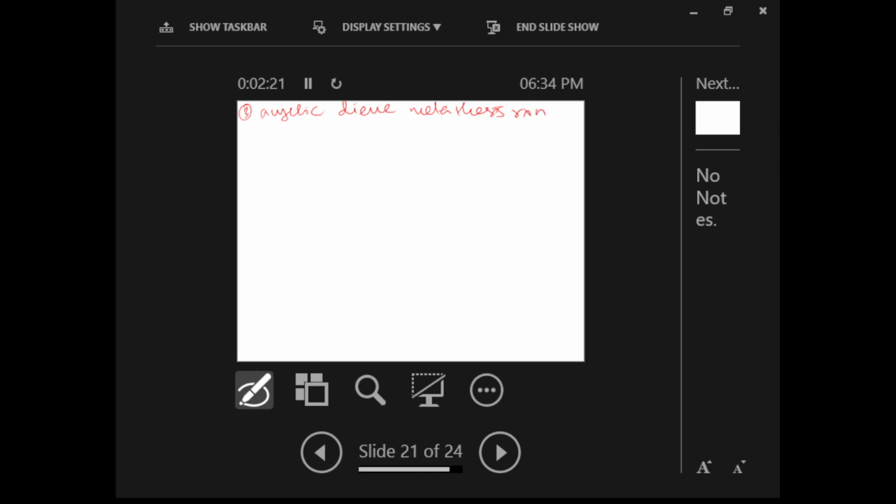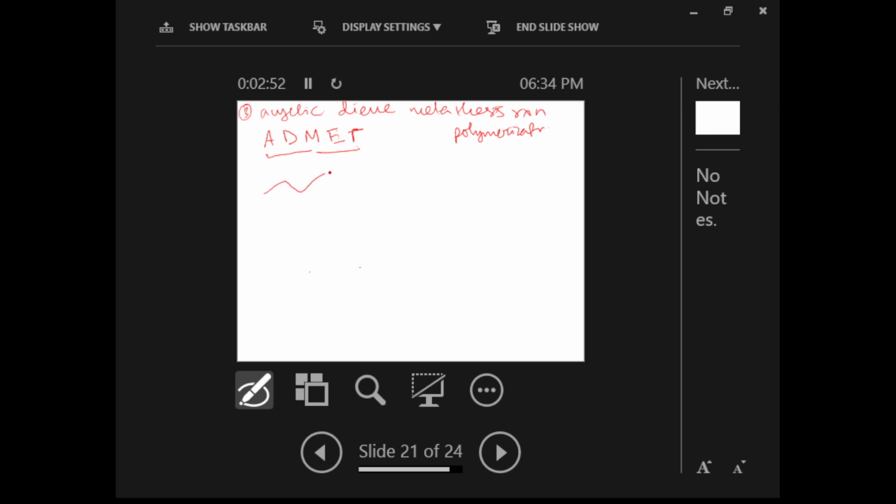In this reaction you have a diene undergoing polymerization, so this is called acyclic diene metathesis polymerization.